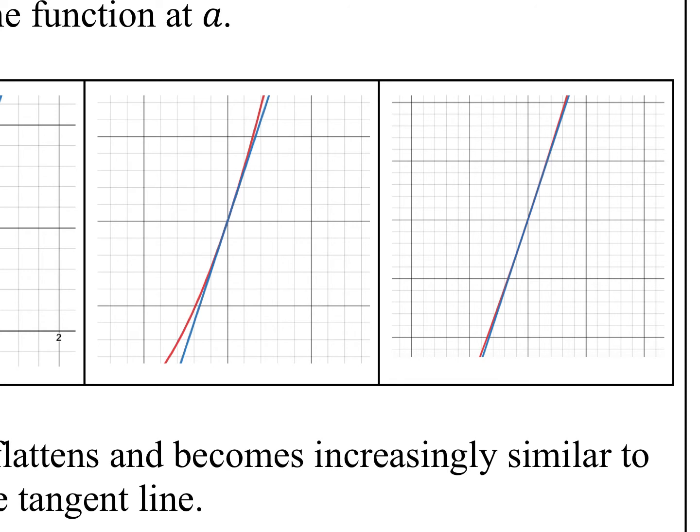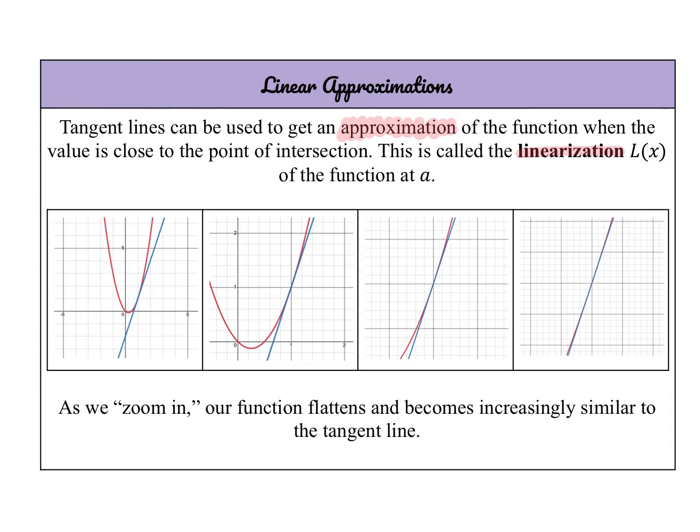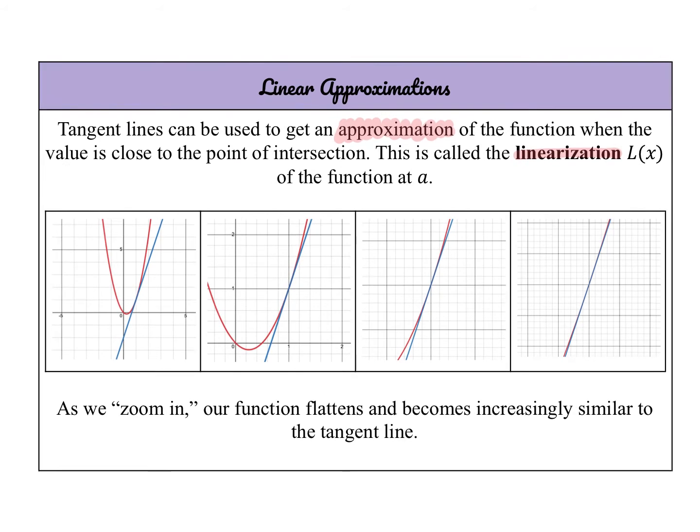So you can see that as you get really close to that point, our tangent line is actually a pretty good approximation of f of x. They're essentially the same graph. So again, as we zoom in, our function flattens out and becomes increasingly similar to the tangent line. So we can actually use that tangent line to approximate a value of our function when we're really close to that point of intersection.